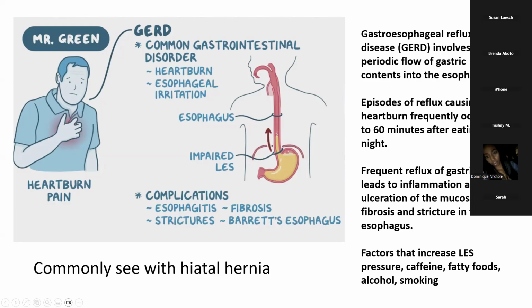Things that can lead to this are increases in the lower esophageal pressure: caffeine, fatty foods, alcohol, and smoking. So if you notice, a lot of these are caused by caffeine, alcohol, smoking, and fatty, spicy foods. That's the lower esophageal sphincter not working.